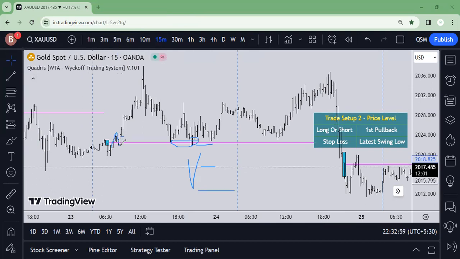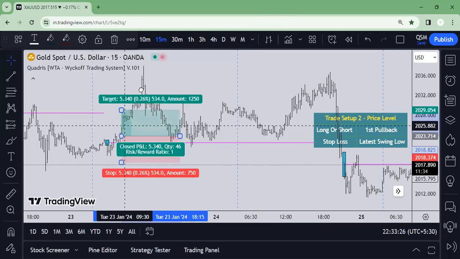Swing high, swing low, then a close above. Here you would have initiated a buy. This is the go. If you are going with the first pullback, when the line starts drawing itself, either this way or that way. By doing so, sometimes I have seen people getting 1:10 also.